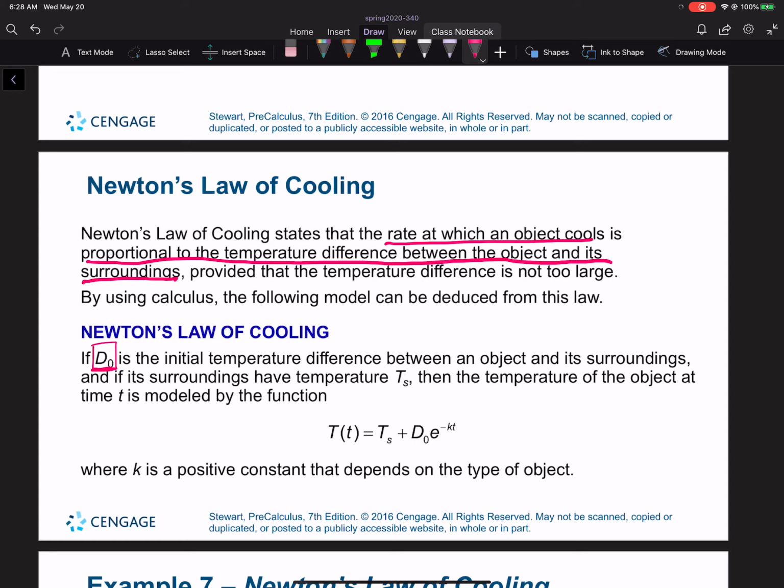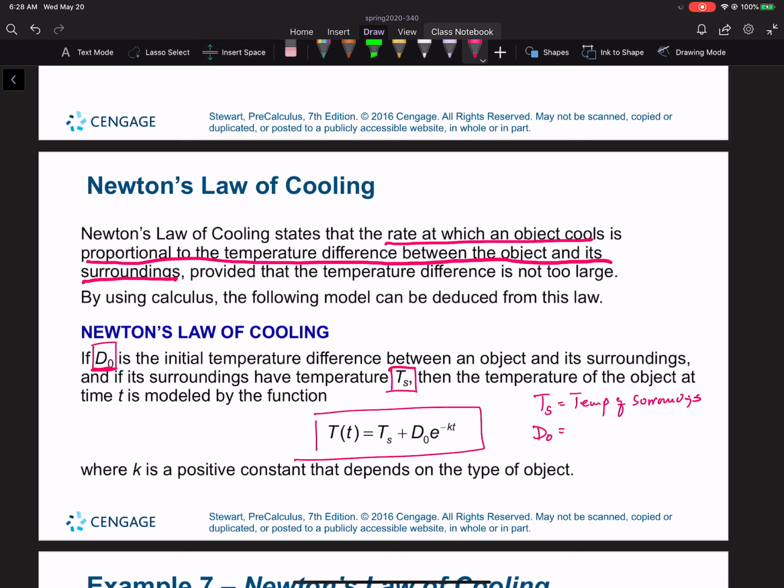If its surroundings have a temperature Ts, then the temperature of the object at time t is given by this definition, where T is the temperature at any time, and Ts is the temperature of the surroundings.